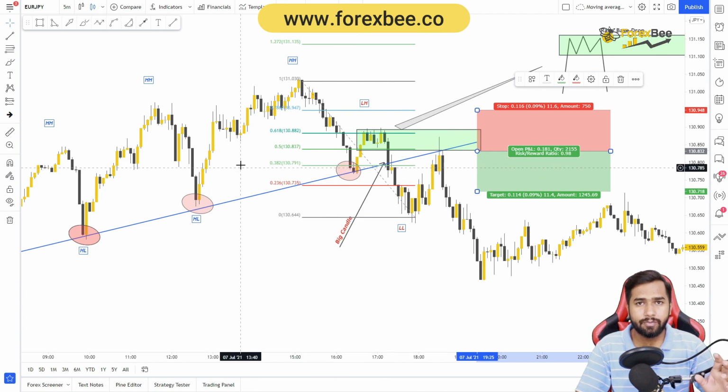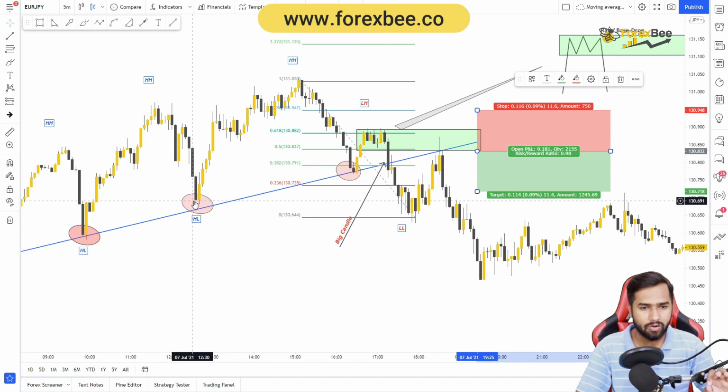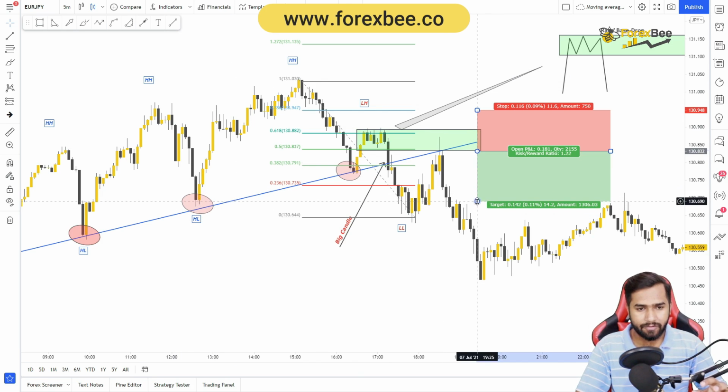So we are going to put basically two take profits. Let's say we opened two lots, then we're gonna sell our first lot and take profit as soon as it reaches the higher low of our last swing that is breaking out in our trend. So we're gonna close our half trade at this level.